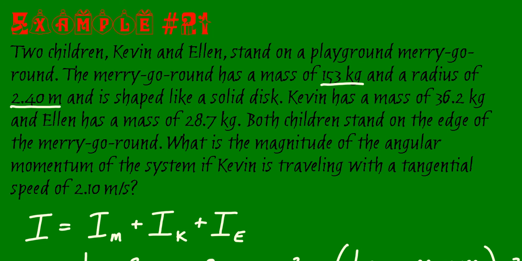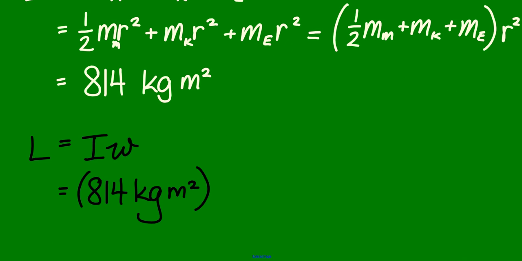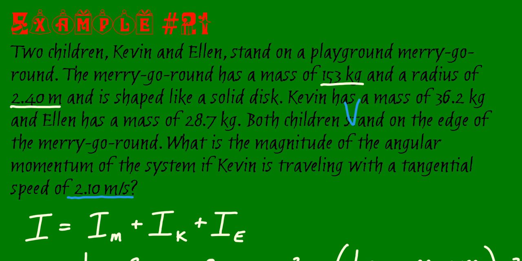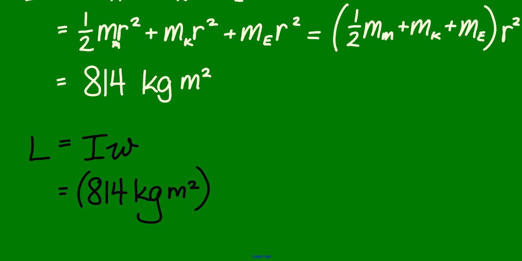But there is another piece of information I'm given. I'm told that Kevin, who's standing on the edge of the merry-go-round, has a tangential speed of 2.1 meters per second. And I know that there's a relationship between that tangential speed and the angular speed. The fact that the tangential speed is equal to the angular speed times the radius.